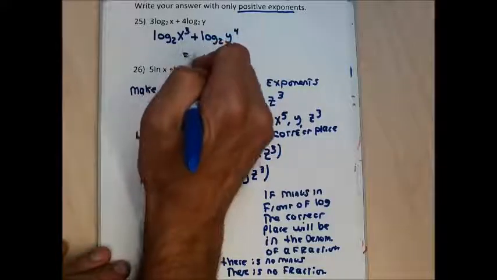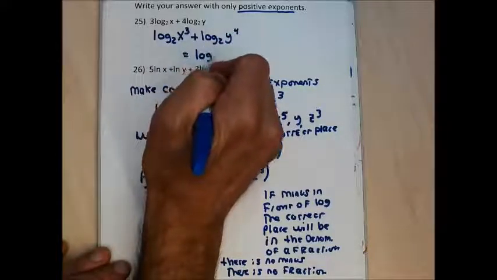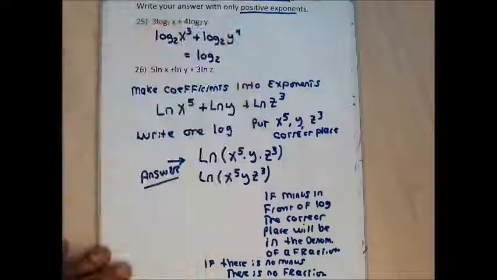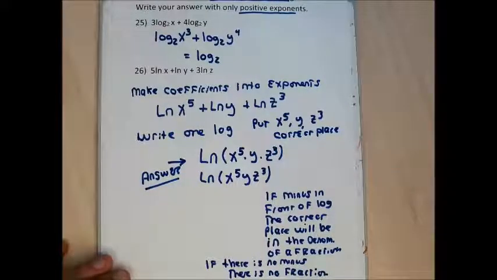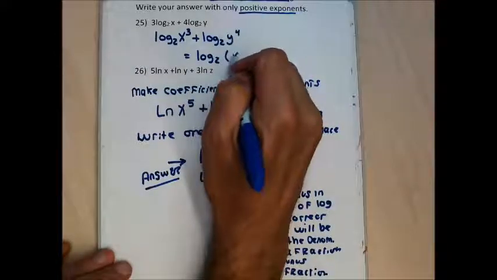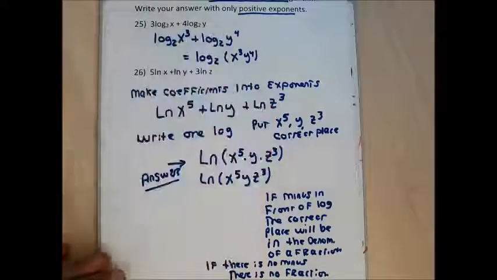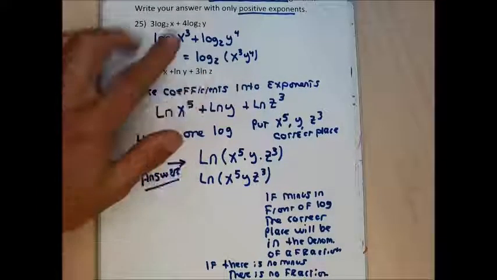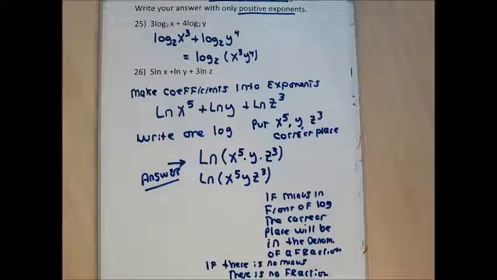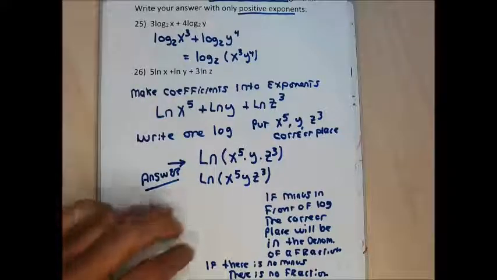And then I'm going to write one logarithm because I'm asked to write a single logarithm. And you're going to put the x cubed and the y fourth in the right place. They can't be in the denominator of a fraction because there isn't a minus. So the right place is going to be multiplied next to each other. When I go backwards, pluses turn into times, minuses turn into fractions or divide. So that would be the answer for problem 25.